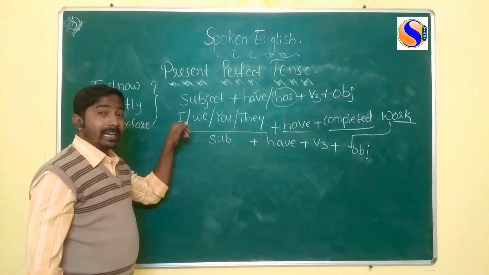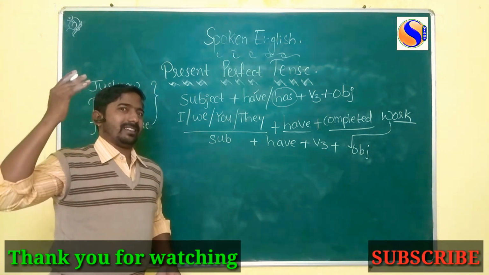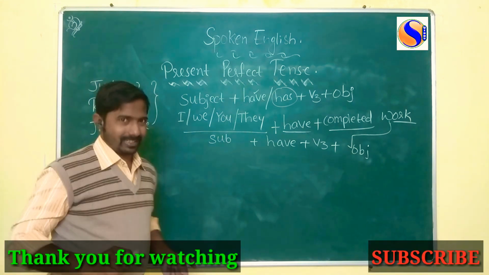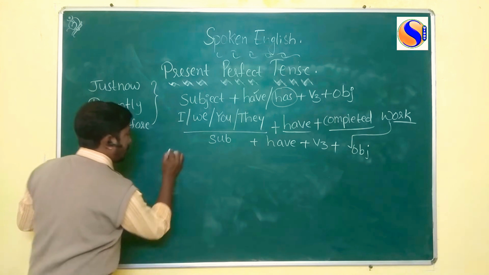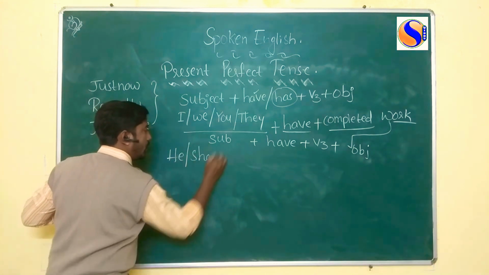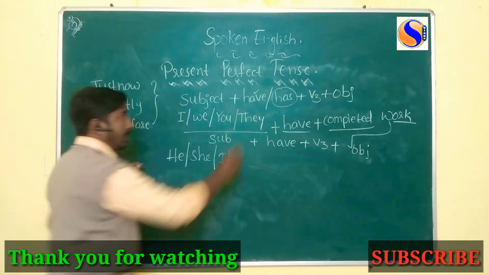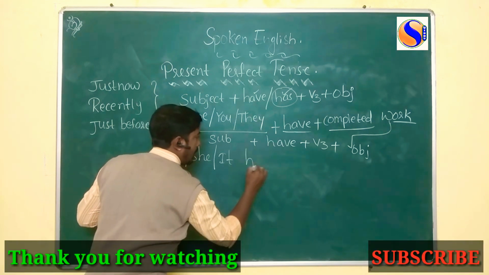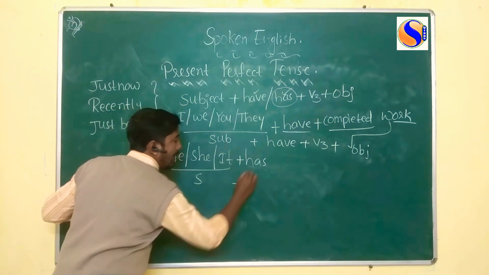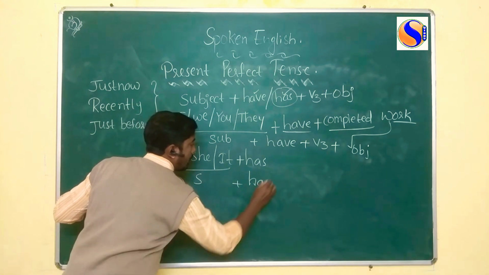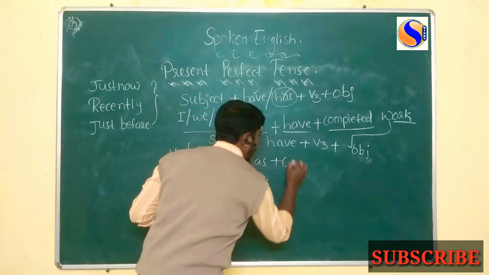When we say I, we, you, they, the remaining person, third person singular. Who are third person singular? He, she, it. For these persons, we have to use has. Subject plus has plus V3. Same, let us take same verb, completed.